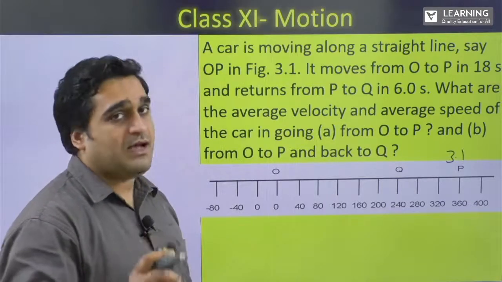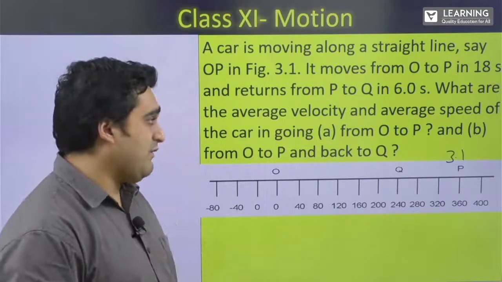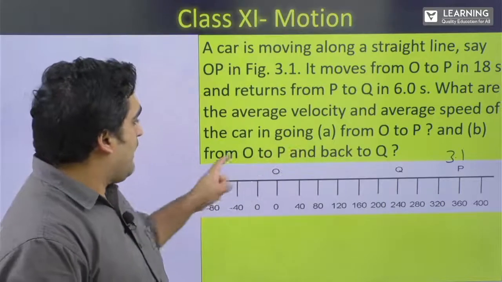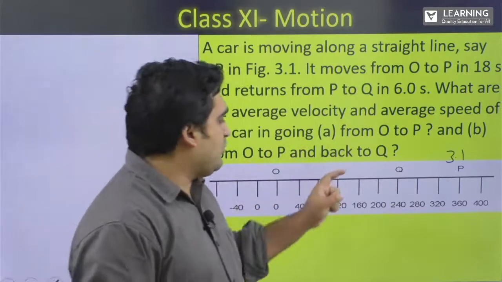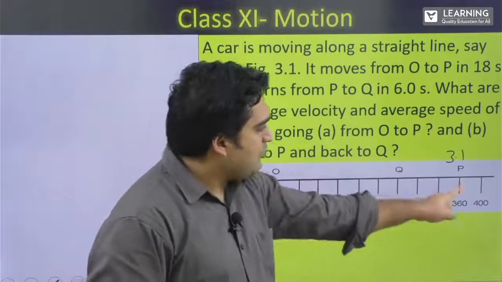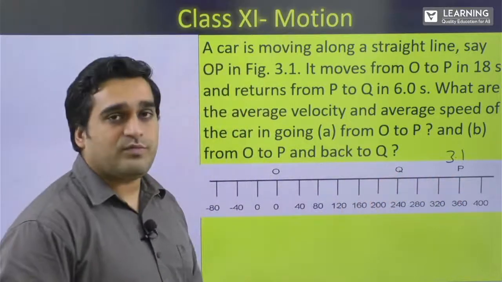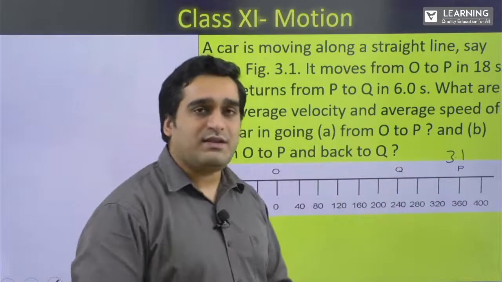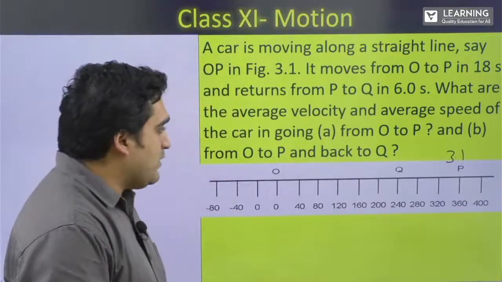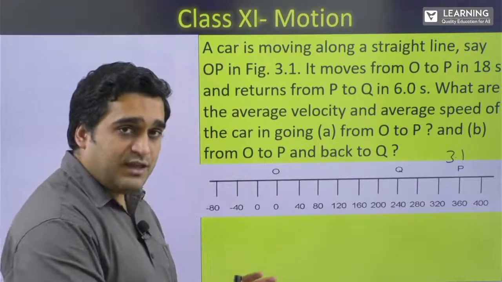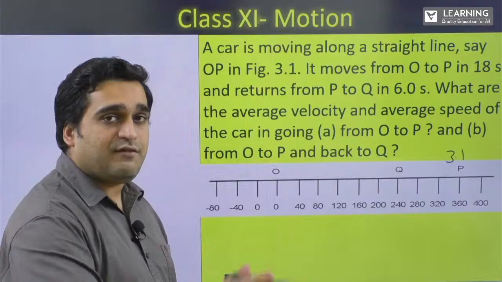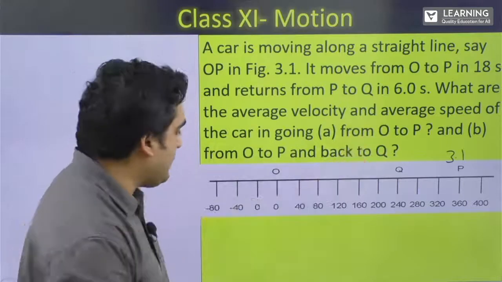What will be the average speed and average velocity from O to P and back to Q? So the car moves from O to P and then back to Q. So what will be average velocity and average speed? So let's find the first case, average speed and average velocity from O to P.